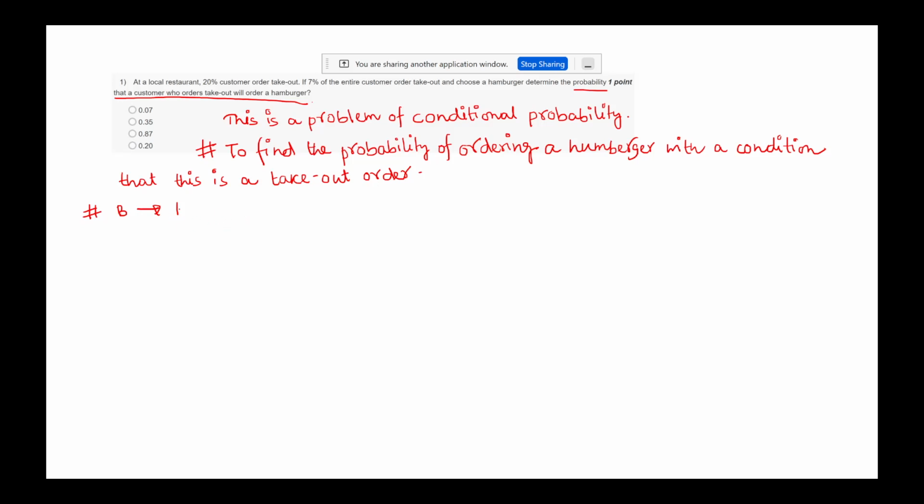B is the event of ordering a hamburger, and event A is takeout order, and we need to find this.